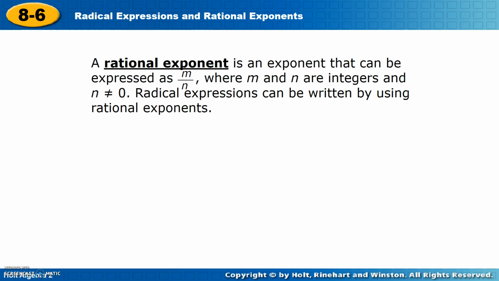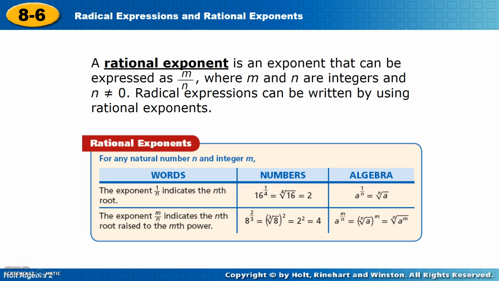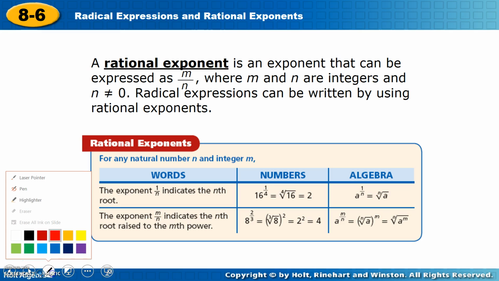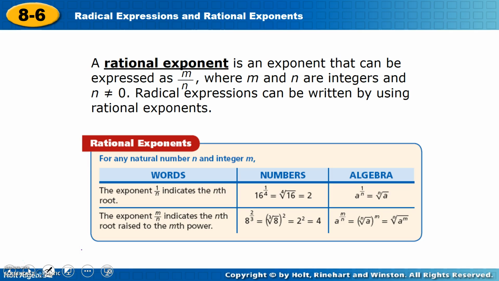And in actuality, radical expressions can be written by using rational exponents. A rational exponent is an exponent that can be expressed again as m divided by n, right here.